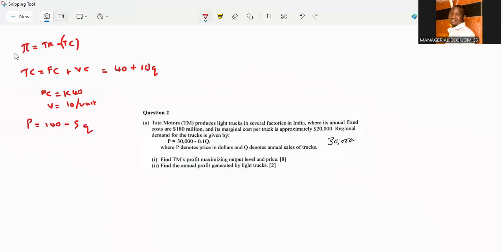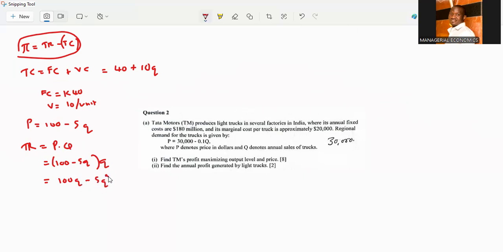So how do we find our total profit? Total revenue minus total cost. So from the price here, we need to calculate our total revenue. Total revenue is equal to price times quantity. So what is our price? 100 minus 5Q. What is our quantity? Q. So just impose the Q there. So our total revenue therefore will be 100Q minus 5Q squared.